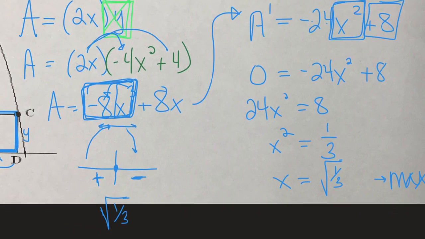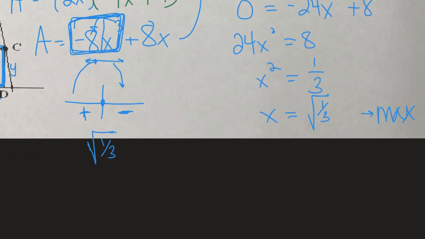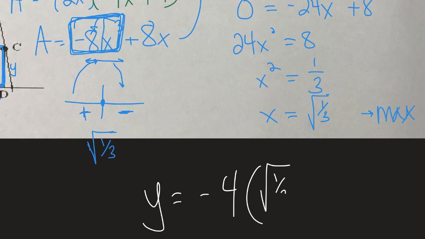Okay, so what is that y value when x is root 1/3? Well, there's a formula for that. y equals -4 times x squared plus 4.